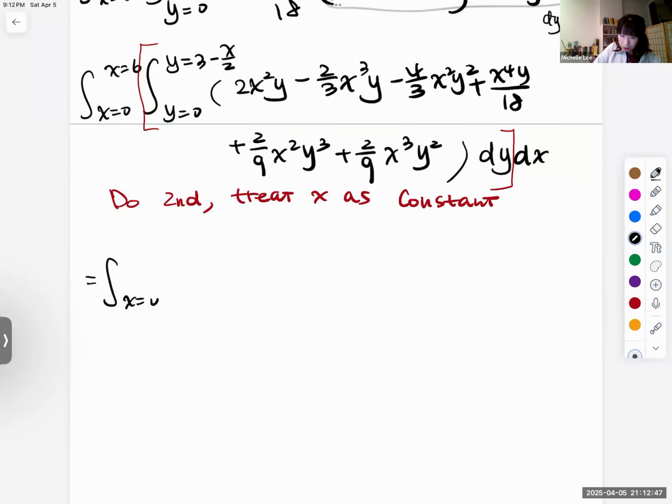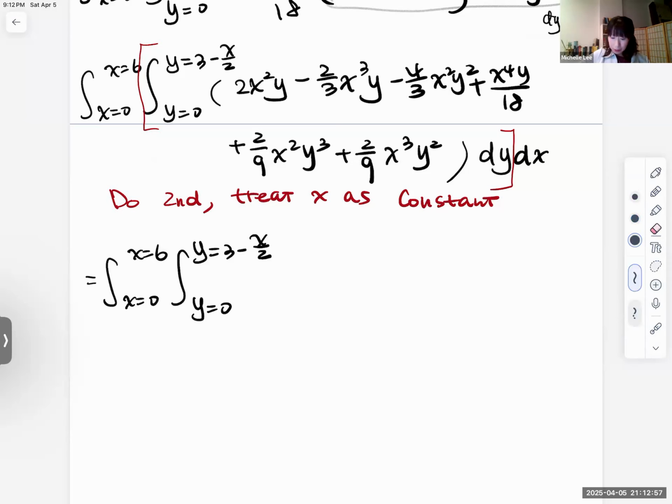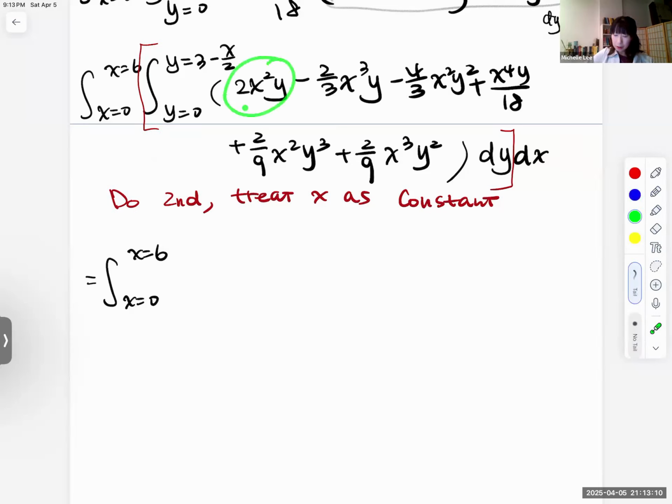So we have x equal to 0 to 6, y equal to 0 to 3 minus x over 2. Okay, now I don't need this, right? Because we're going to integrate right now. X is constant, so let's take a look. First one, y squared over 2.